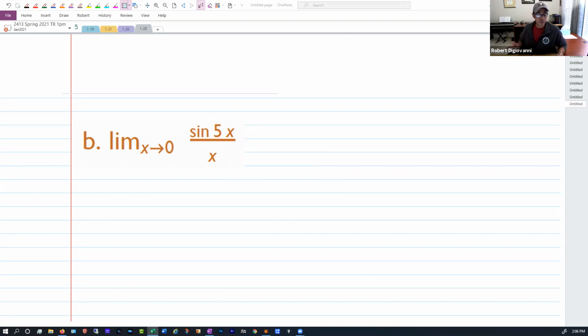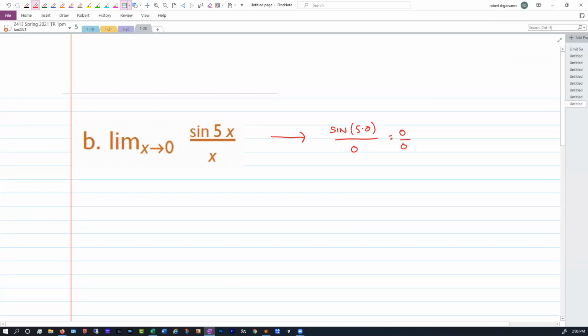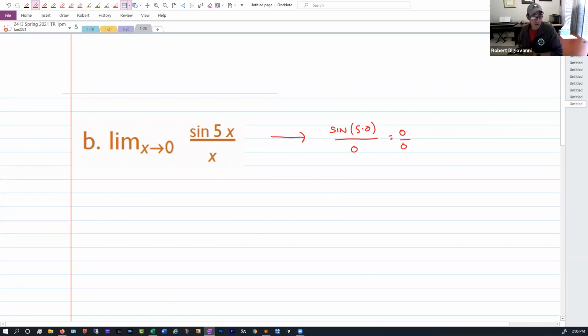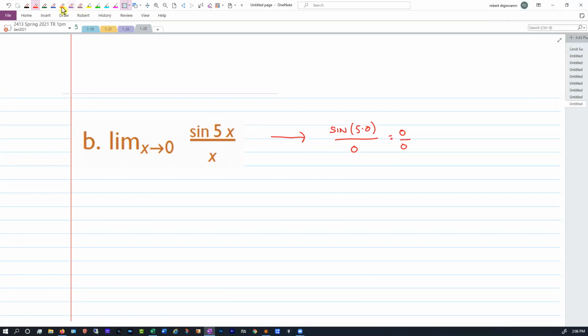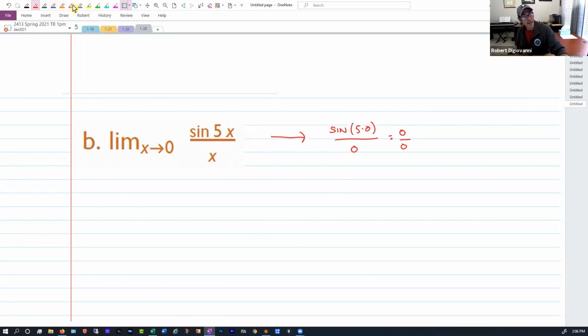direct substitution, right? Let 0 go in there. You get sine of 5 times 0, that's what that really means, and then over 0, sine of 0, 0. So you get 0 over 0, right? Yes. Okay. Now, what's the junk, Ryan? We'll always look at the junk as being the stuff in the sine function.